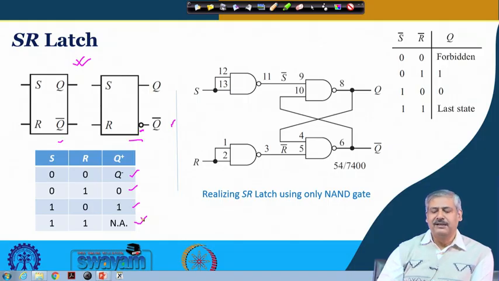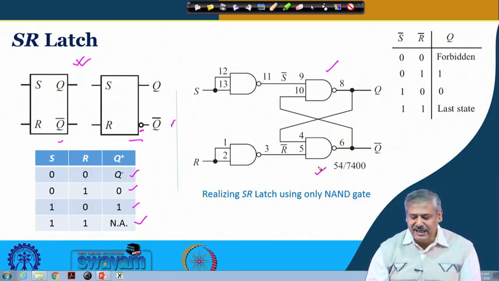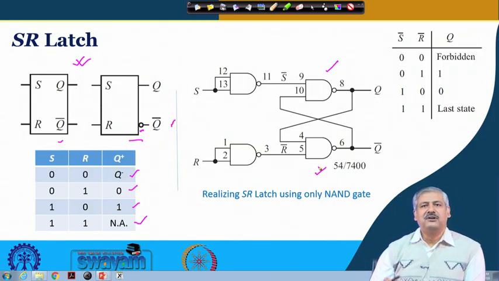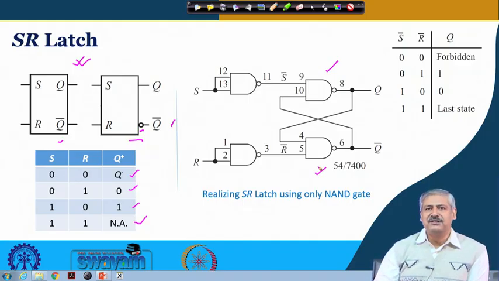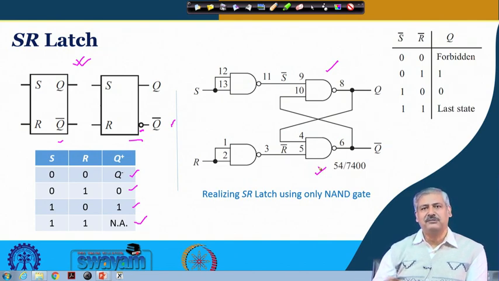So if we had connected NAND gates in the same manner, what would have been the corresponding truth table? In the NAND latch, for AND and NAND, what is the forcing input? 0 is the forcing input. For an AND gate, if 0 is there, then irrespective of the other input, the output will always be 0. And for a NAND gate, if 0 is there, the output will be 1 irrespective of the other input.